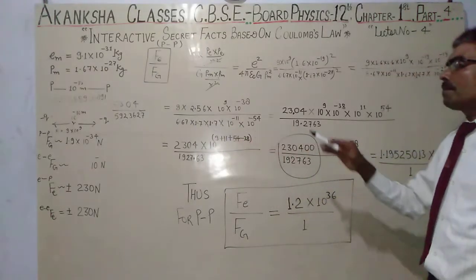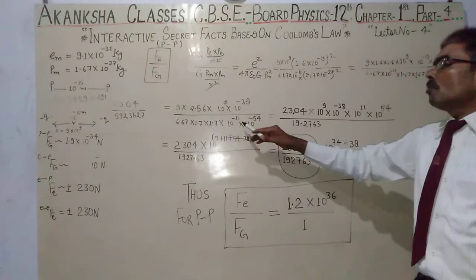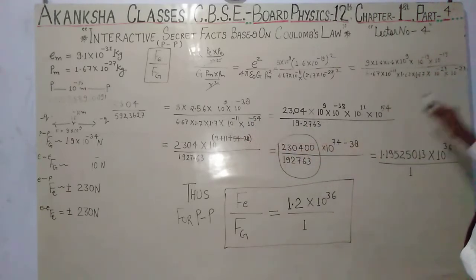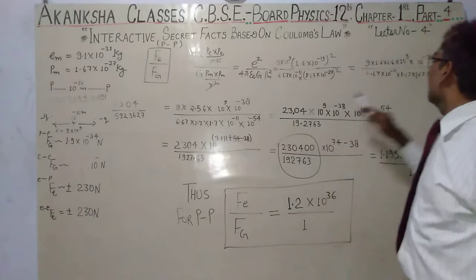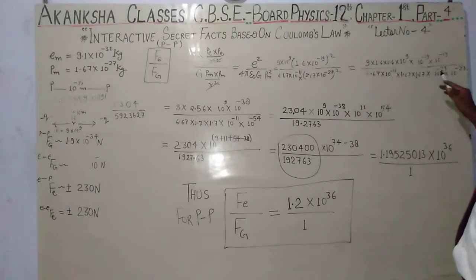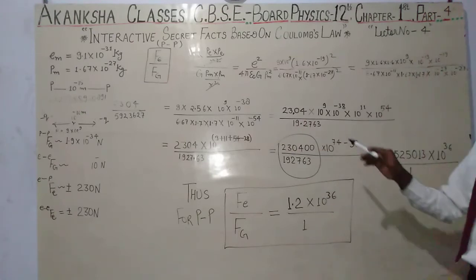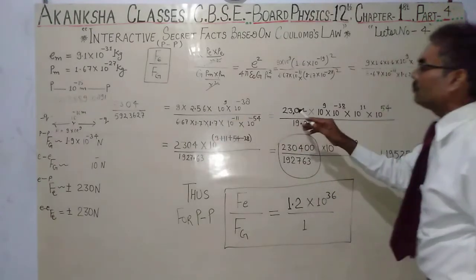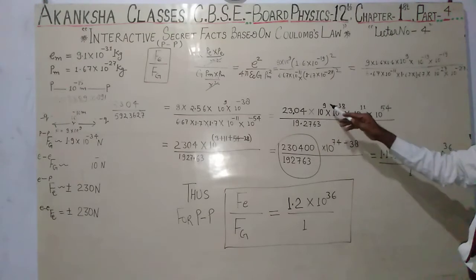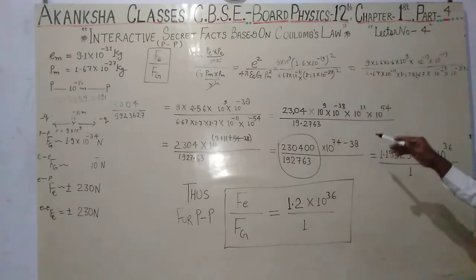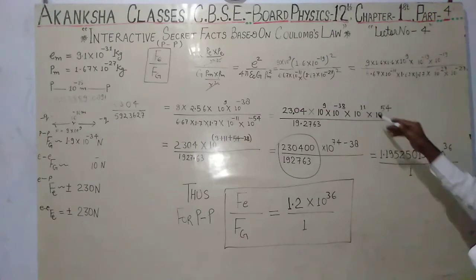To get the approximate value into 10 power minus 19, that was the constant. Now, 27 plus 27 becomes 54, and because of the same negative sign, we put minus 54. Further, the product of these two numbers becomes 23.04 into 10 power 9 into 10 power minus 13 multiplied by 10 power 11.